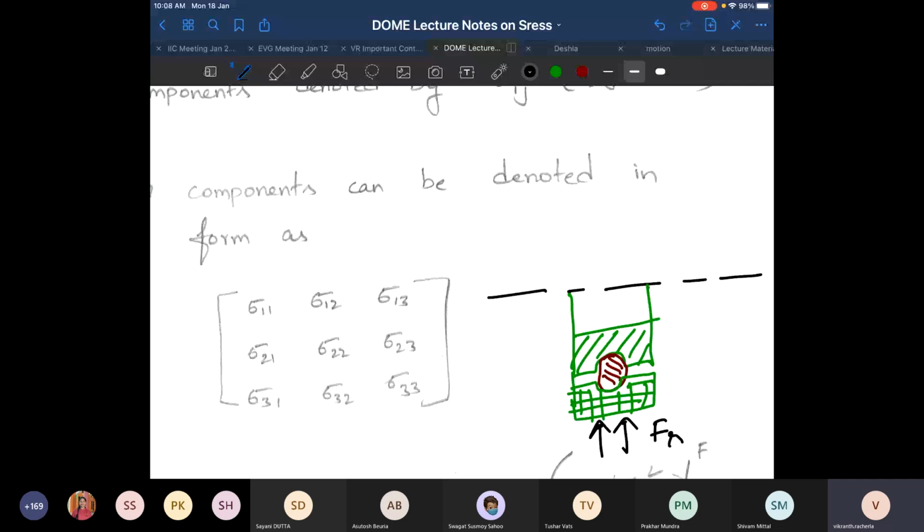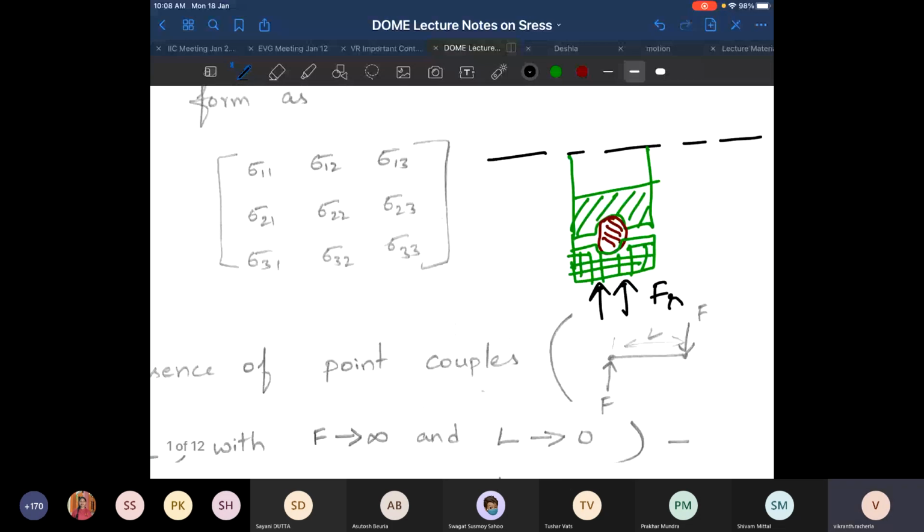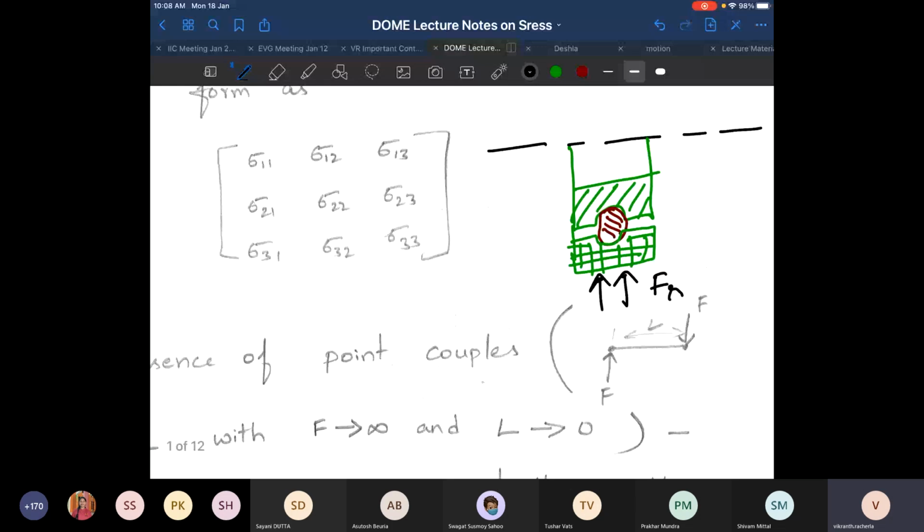Now the bearing is subjected to radial load. Now I do not want either the raceway. So this over here is my inner raceway. This is my outer raceway.